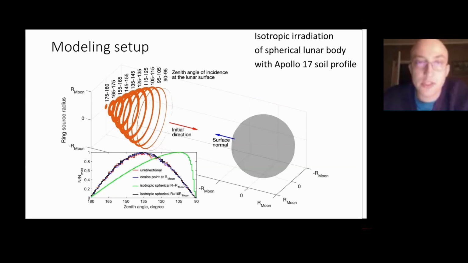The point source is also okay, but the inset here shows the angular distribution of particles which hit the lunar surface for the unidirectional case, cosine point near the lunar surface in blue, and the purely isotropic source in black, and they all coincide, so they're identical. But from the practical point of view, the ring sources are better.